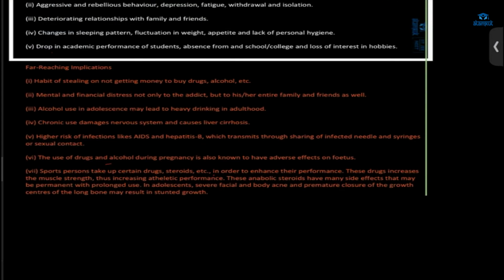If they are not able to get the drugs, they will try to steal them. They'll do illegal things. Very important. There is also a risk of HIV. And if we are taking drugs, there will be an effect during pregnancy.